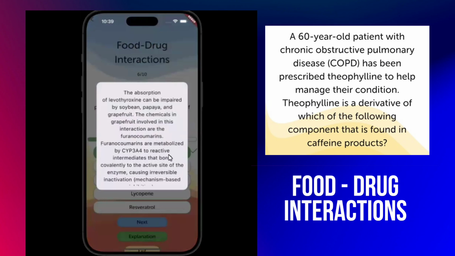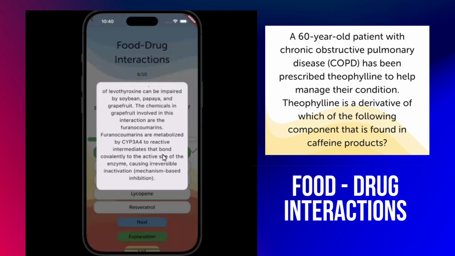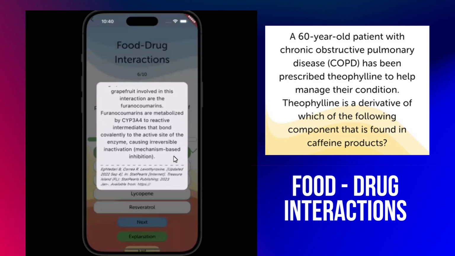The absorption of levothyroxine can be impaired by soybeans, papaya, or pawpaw, and grapefruit. The chemicals in grapefruit involved in this interaction are furanocoumarins. Furanocoumarins are metabolized by CYP3A4 to reactive intermediates that bond covalently to the active site of the enzyme, causing irreversible inactivation.